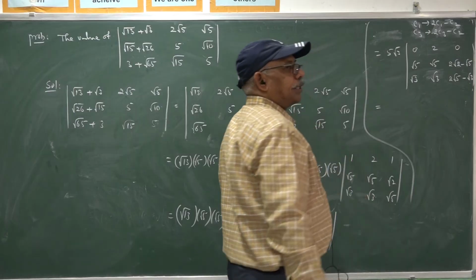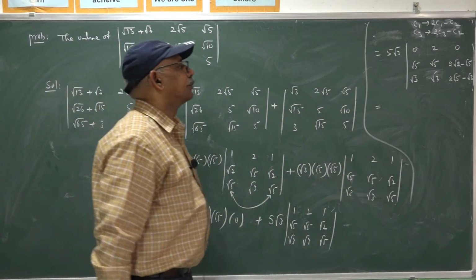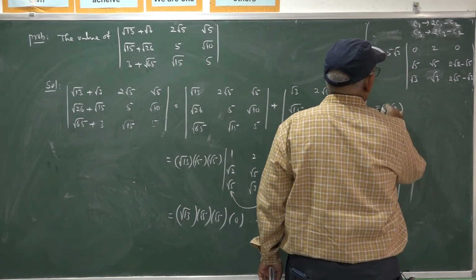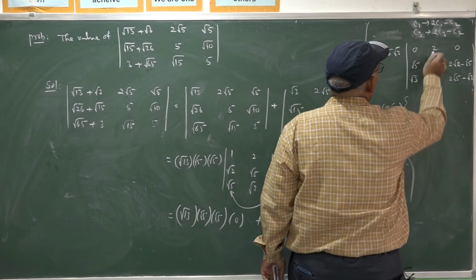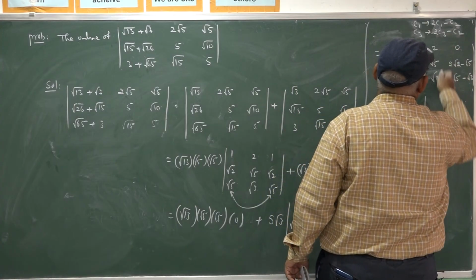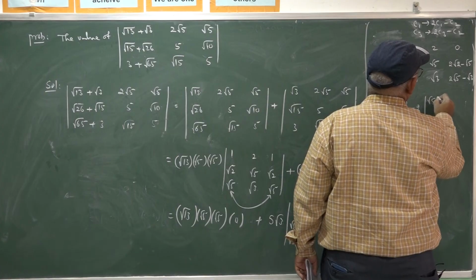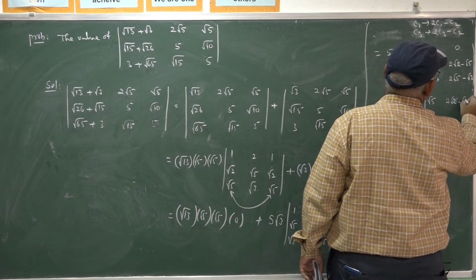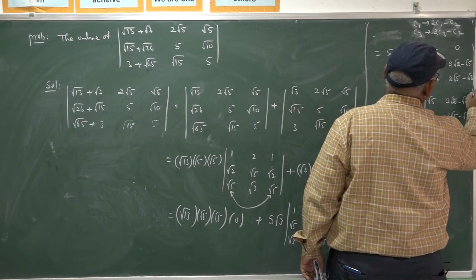Now evaluate the determinant by expanding about the first row: 5 root 3 into 0 into this value 0, minus 2 into, eliminating the first row and second column, the remaining determinant is root 5, 2 root 2 minus root 5, and root 3, 2 root 5 minus root 3.